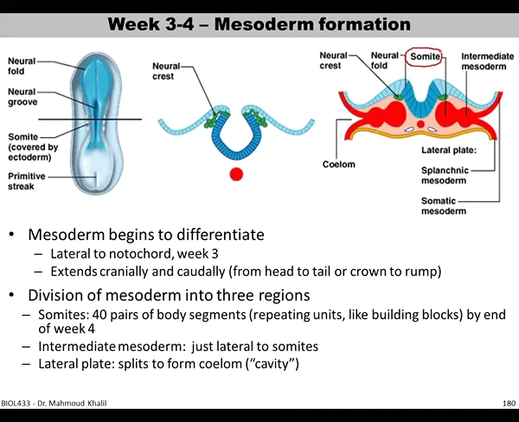Somites form around 40 pairs of body segments, which are repeating units like building blocks, by the end of week 4. You have the intermediate mesoderm, just lateral to the somites, and you have the lateral plate, which will soon be divided into splanchnic and somatic mesoderm, enclosing a cavity which will form the future coelom. So you can see here how the mesoderm is differentiated.